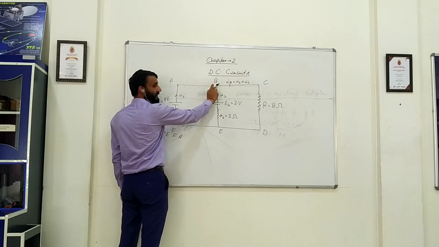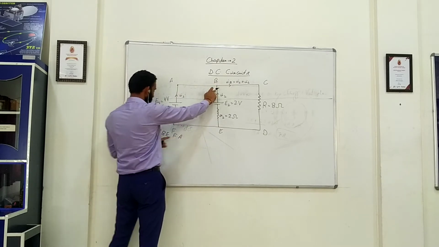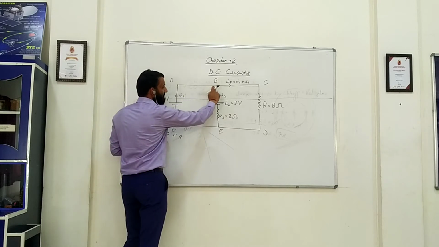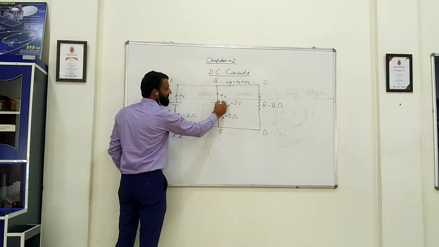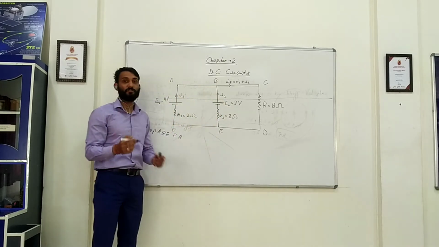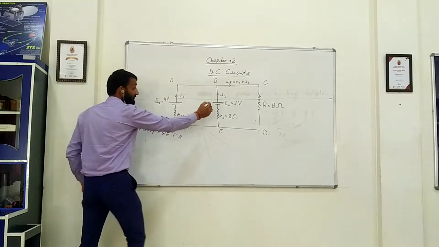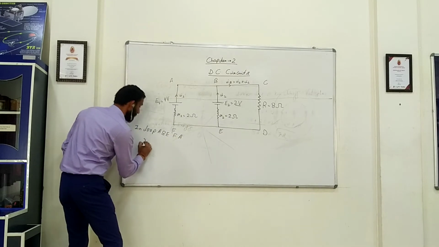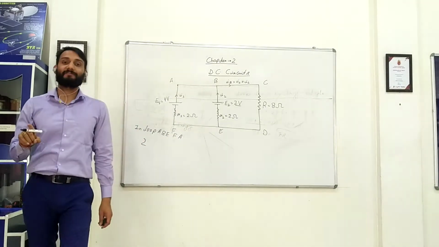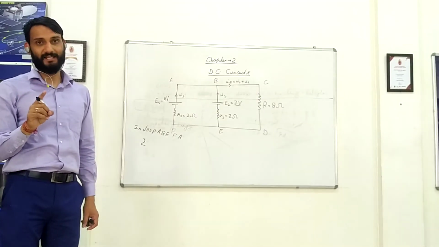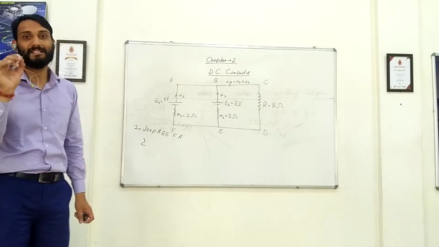My loop is coming towards B, because the loop is A, B, E. When I came here, I met the positive of the other battery, so I will write its potential, which is 2 volt, as 2. If I had met the negative of this battery, I would have written minus 2.